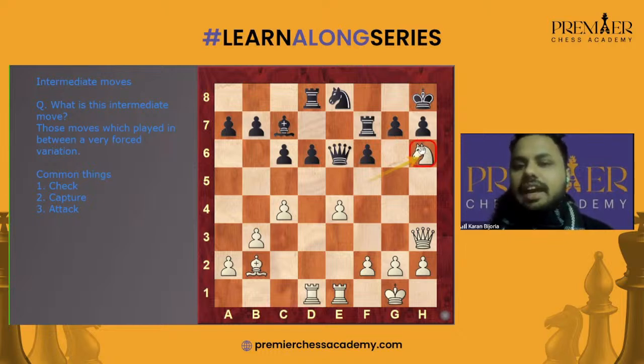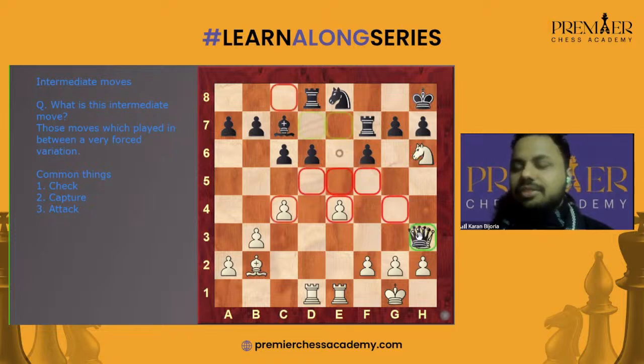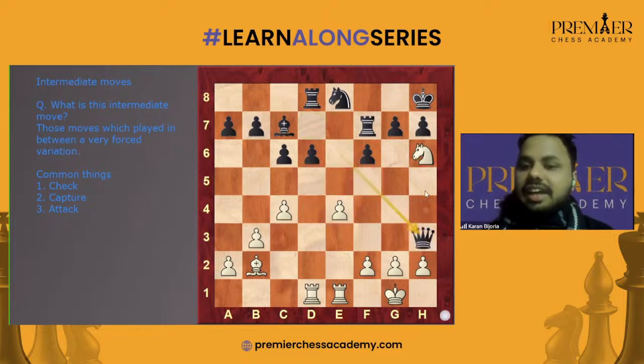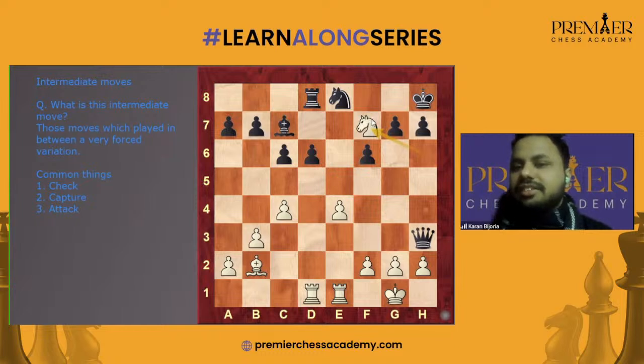Because if you capture the knight, say goodbye to your queen, obviously. And if you do not capture the knight, you might think to capture the queen. And now again, intermediate move, capture plus check. Now the king will move.